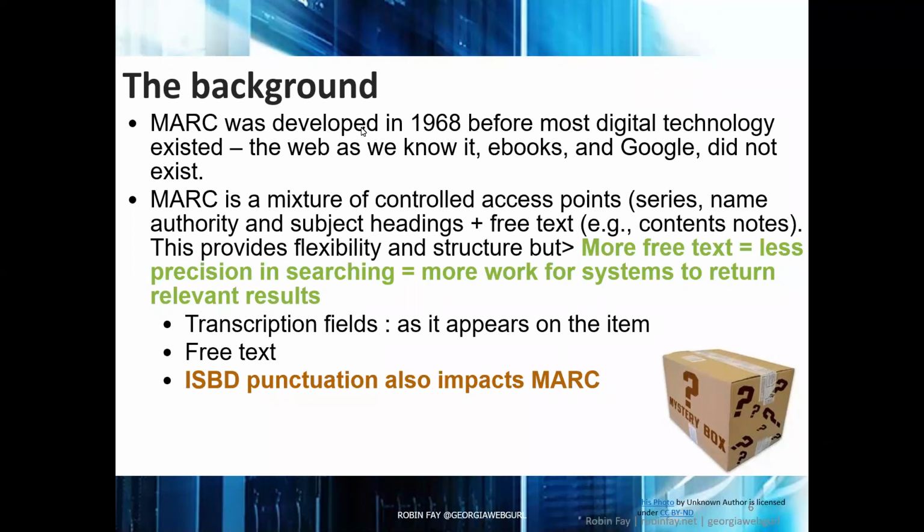The more free text that you have, the less precision you have in terms of being able to find things. Now, when we search something in a discovery layer or in Google, you just type something in, right? You don't format it in any particular way. Unless you go to advanced searching, you're not choosing a field to search, you're just typing something in. That is the essence of free text.